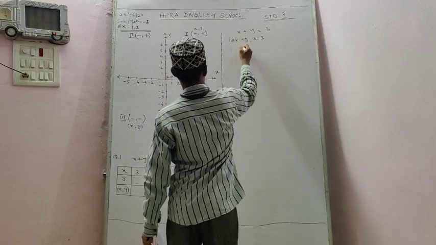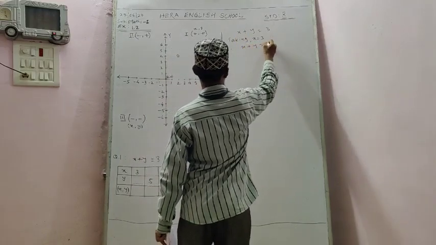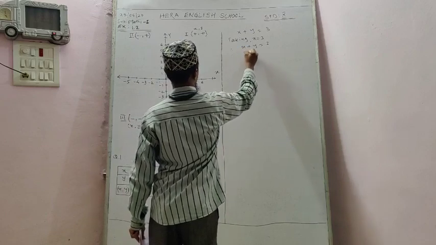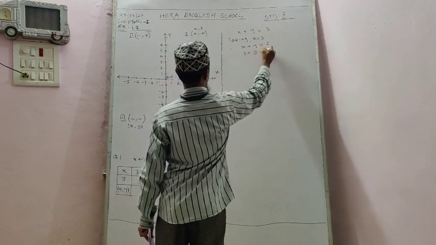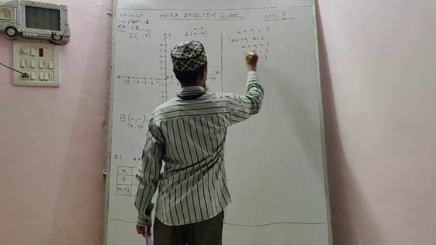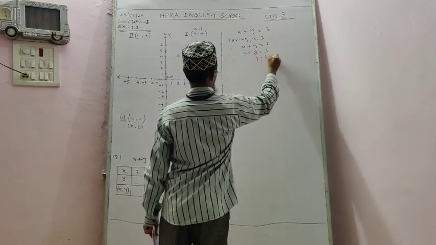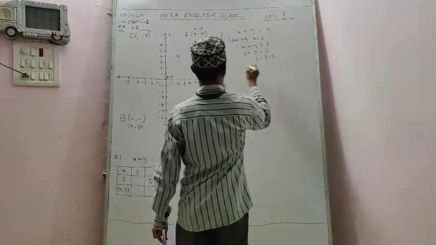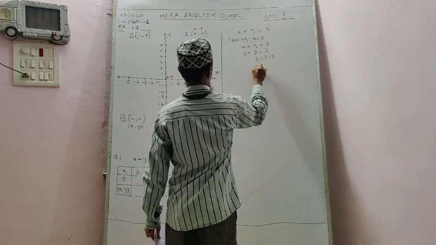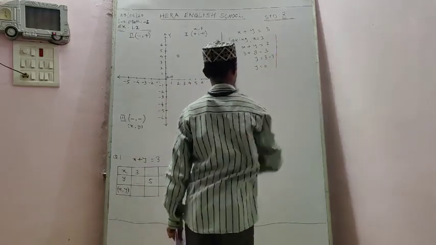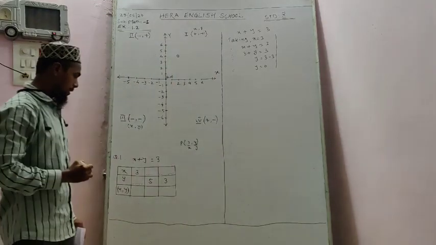We'll put it in the equation x plus y equal to 3. Putting the value of x, we have 3 plus y equal to 3. Y equal to 3, bringing the 3 to the right side it will take the minus sign. With the minus sign, 3 minus 3, you will get the value of y as 0, the first value, as given in the table.